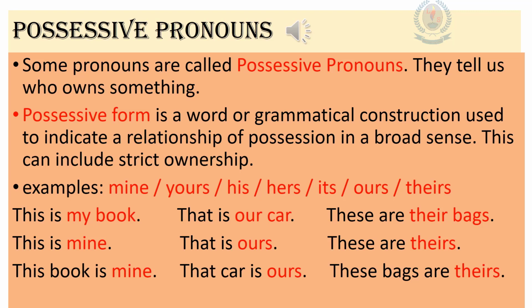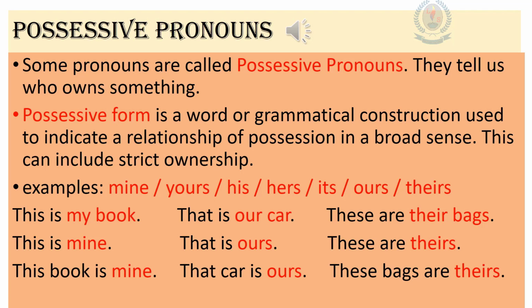Did you understand? You have to say, this is mine. Or, this book is mine. You can put the noun before the possessive pronoun and say, this book is mine.